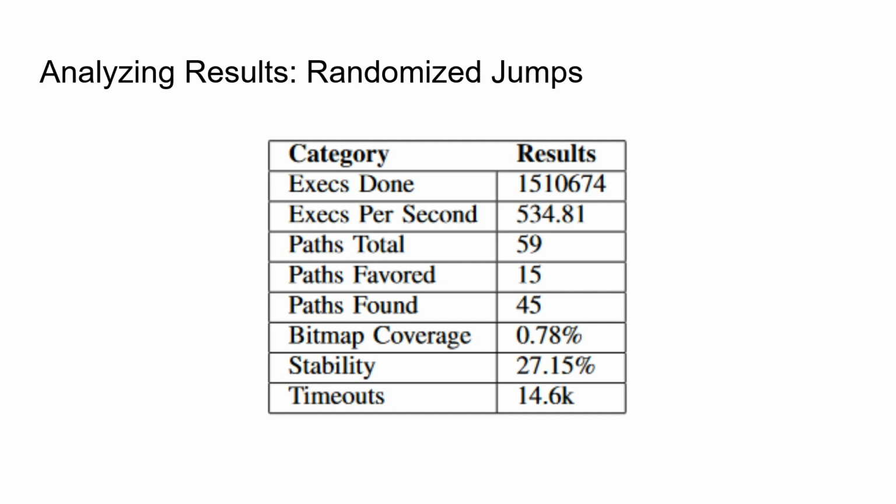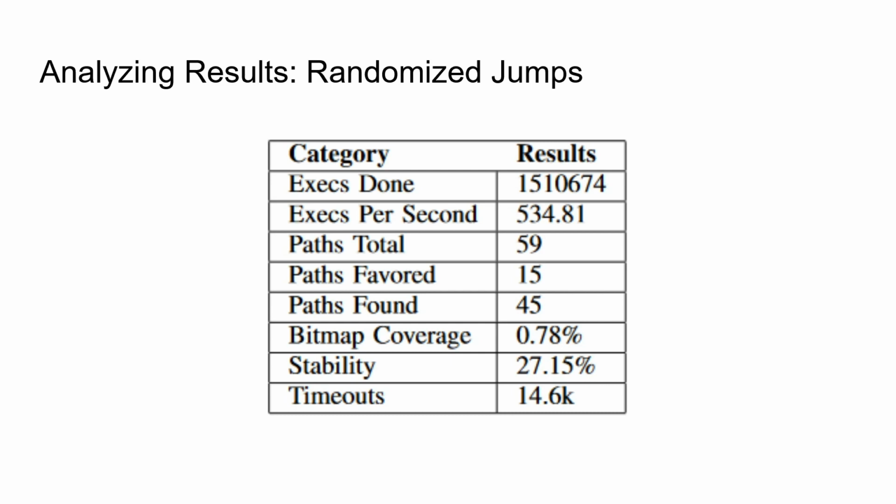The execs done was reduced by around 2 million. The execs per second was reduced to 534 from 7,000. Path total was reduced by around 500, a little over 500. Paths favored and paths found also reduced. Bitmap coverage was reduced more than the simplistic approach, by about 0.5% from our baseline.